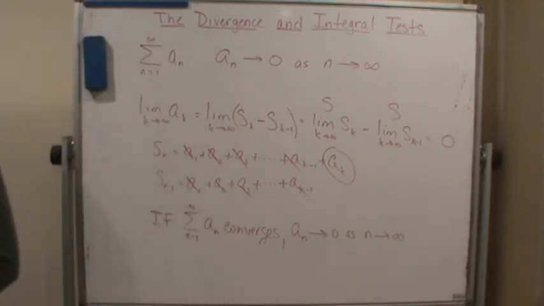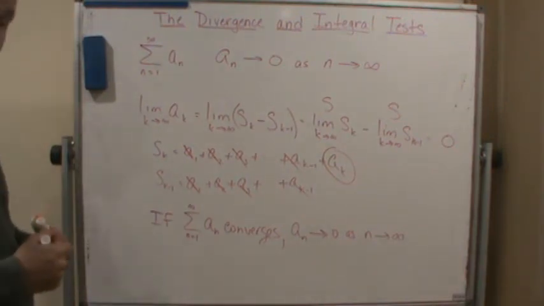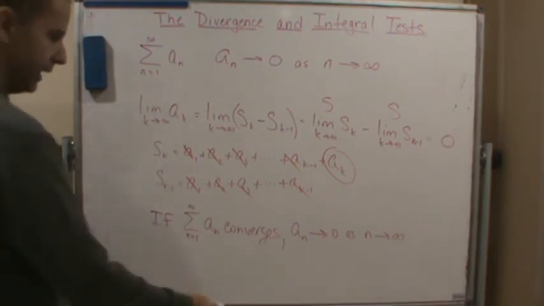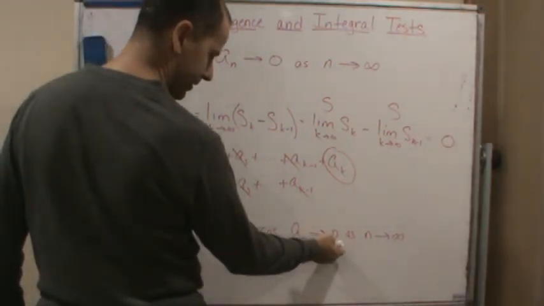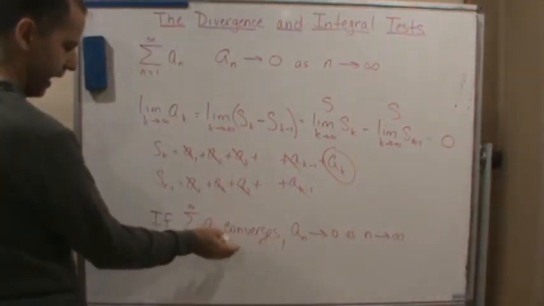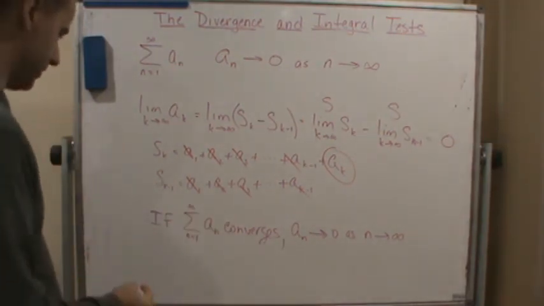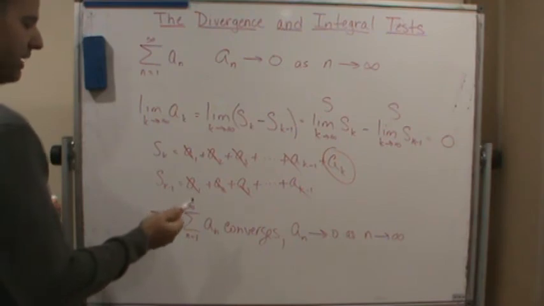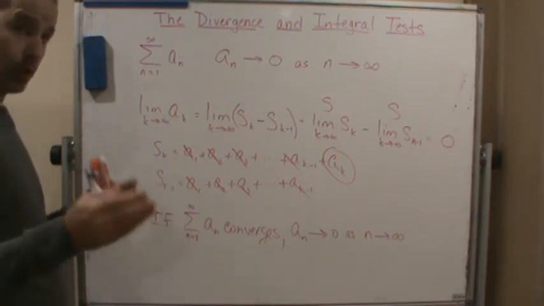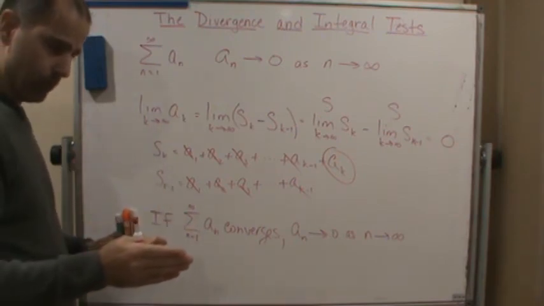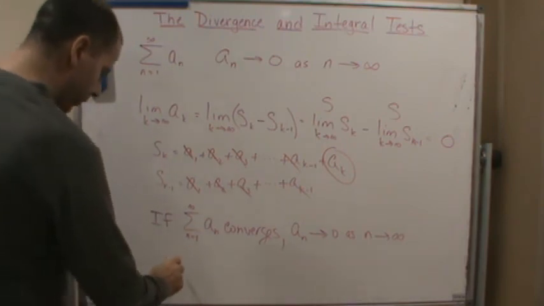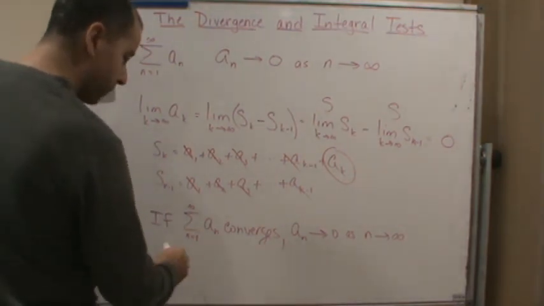We can use the contrapositive of this, and this is where the divergence test comes in. The contrapositive of a conditional says, if not this, then not this. So now we're going to test for divergence. The divergence test is the contrapositive of this.